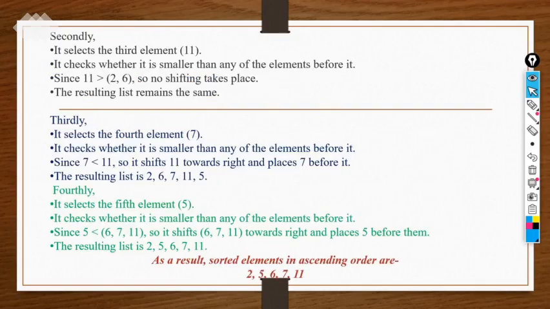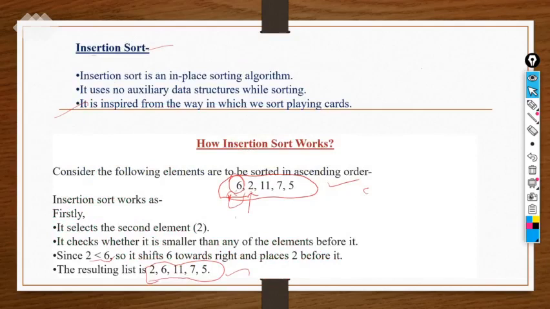So what about the next step? Next step, it selects the third element. Why the third element? I'm writing it into the array positions: 11, 7 and 5. Let's assume this is I, and I'm assuming LOC as location, the first element of this array or list.